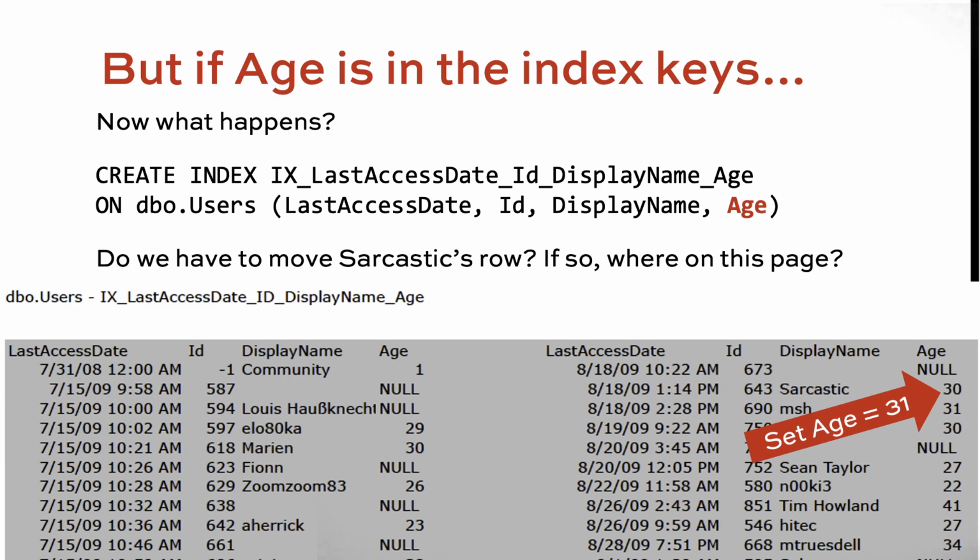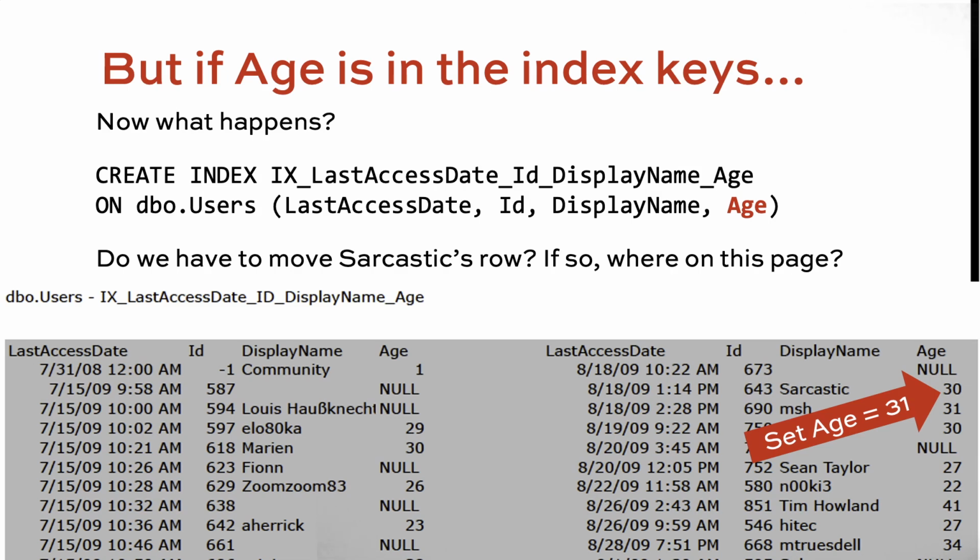Take a look at that page, and if I change Sarcastic's age from 30 to 31, where do I move him on this 8K page? Does changing his age change where his row lives? Makes no difference whatsoever.